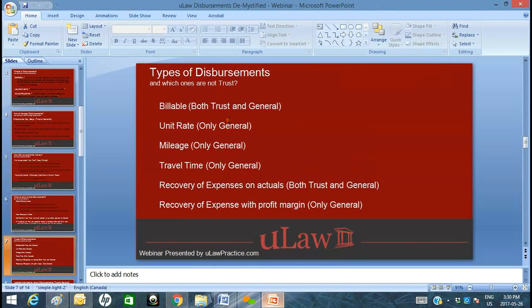Another type of disbursement is a unit rate. Okay, this is a great example of either the postage or, let's say, a fax. Let's say, in certain cases, there's a lot of faxes involved that you need to send out. So let's consider fax as a fantastic example of a general disbursement, which is a unit rate disbursement.